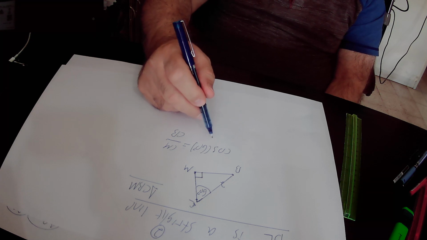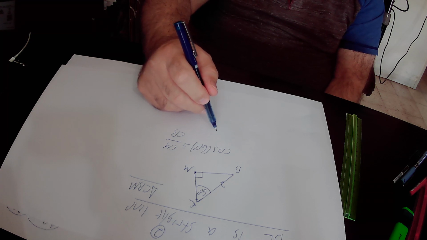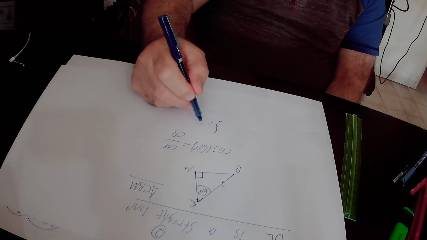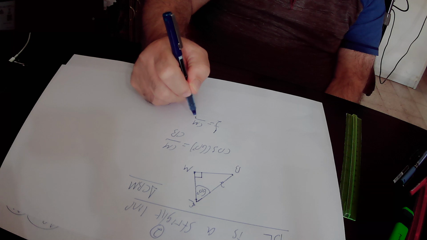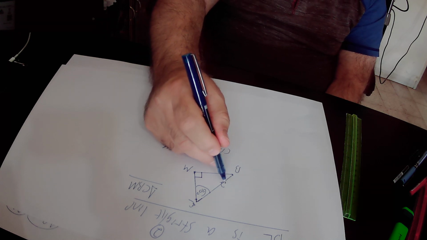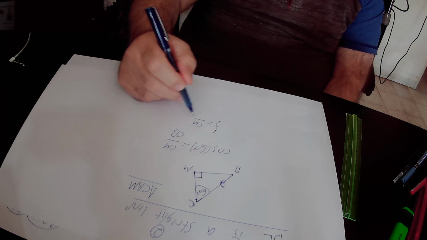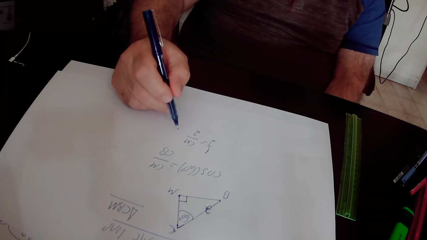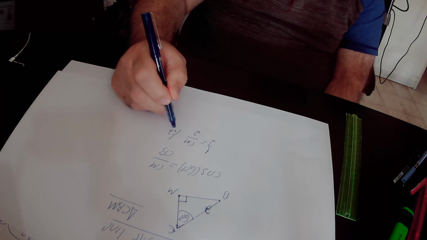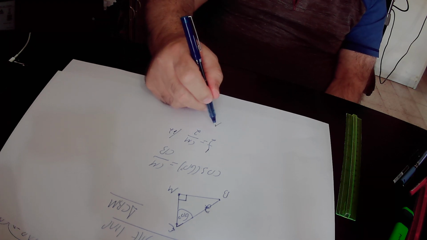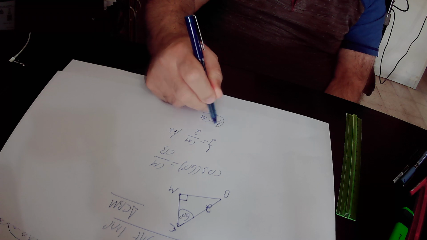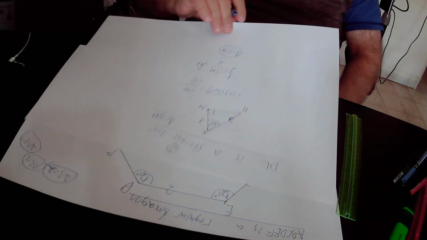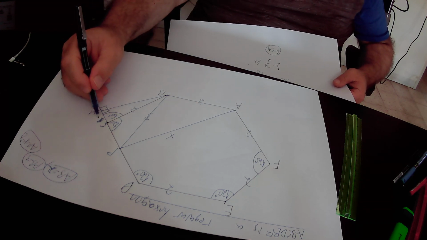Cosine 60 degrees is 1/2, so we substitute it, and this is equal to CM over CB. CM is the missing line segment, so we leave it as it is. CB equals 2 units, therefore we substitute CB by 2. We found that 1/2 equals CM over 2. Multiplying this equation by 2, we get that 1 equals CM, or CM equals 1 unit. You can write in the original drawing that CM equals 1 unit.